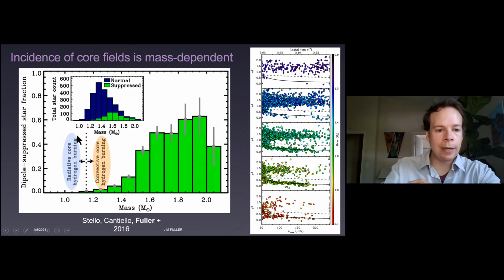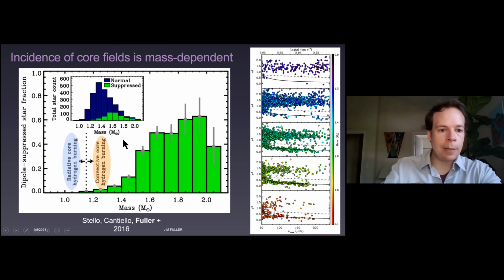And what you see is that in one solar mass red giants, like the descendants of the sun, you basically never see these strong magnetic fields. So we think the sun, when it becomes a red giant, probably does not have a strong magnetic field in its core. But in these higher mass stars, above about 1.5 solar masses, you see this in about half of stars. So it's very common in those stars.